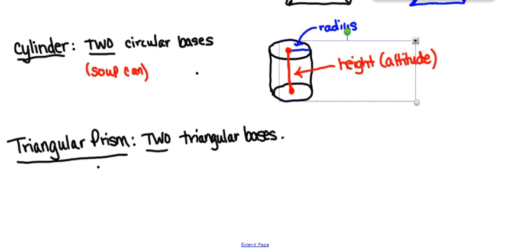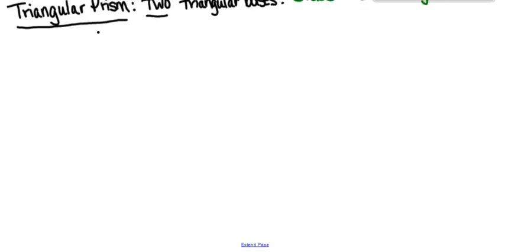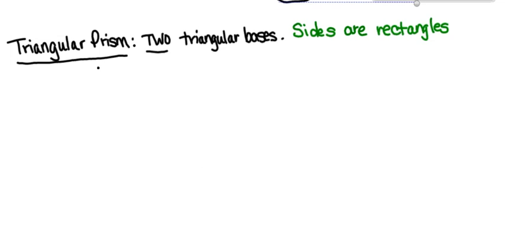The sides of the prism are going to be rectangles. This sounds a little bit confusing, but once we start to draw it, I think that'll clear up any confusion that you might have.